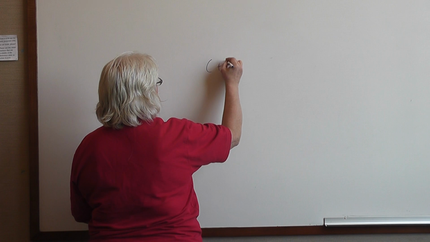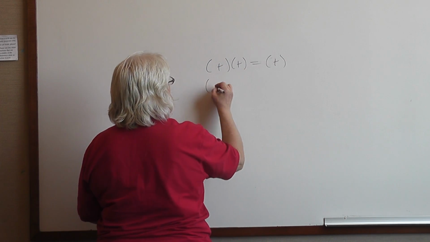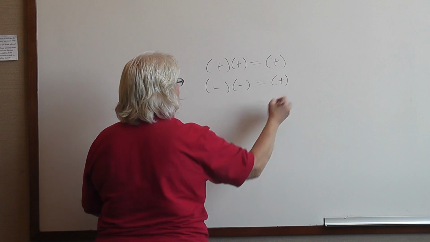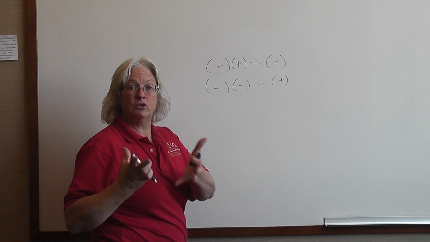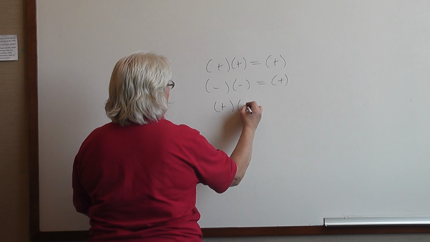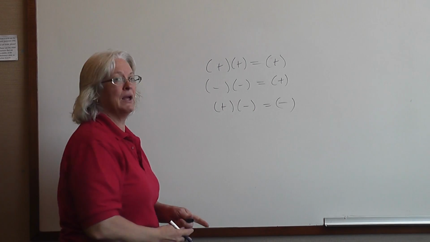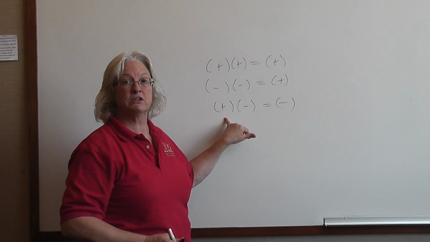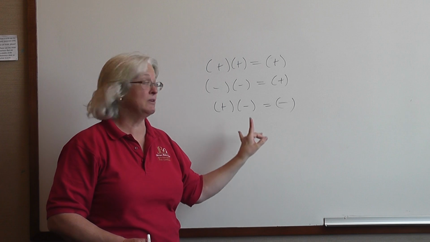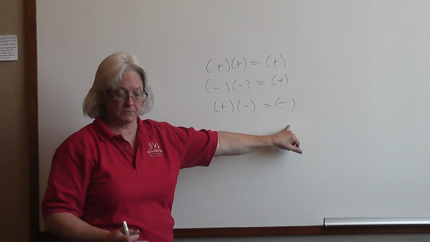And we saw, of course, that if you multiply two positive numbers together, your product is always going to be positive. And we learned that if you had two negative factors that you multiplied together, your product was still going to be positive. But when you had one positive factor and one negative factor, no matter which order those positive and negative numbers occurred, your product was negative.